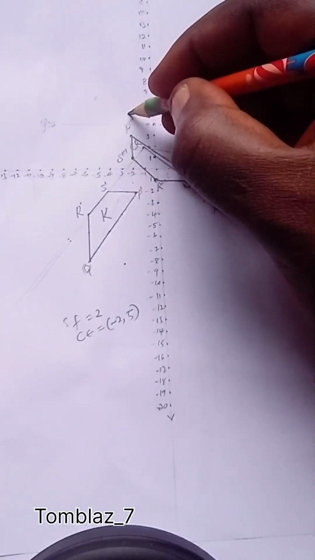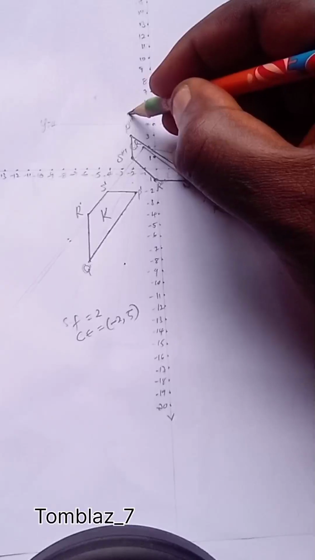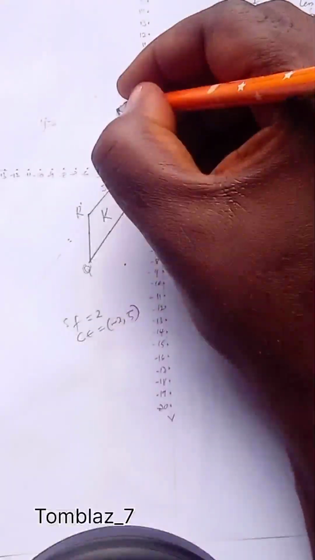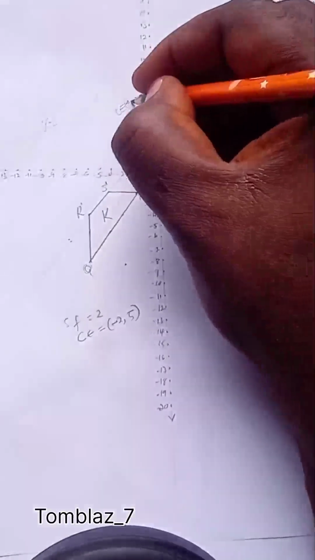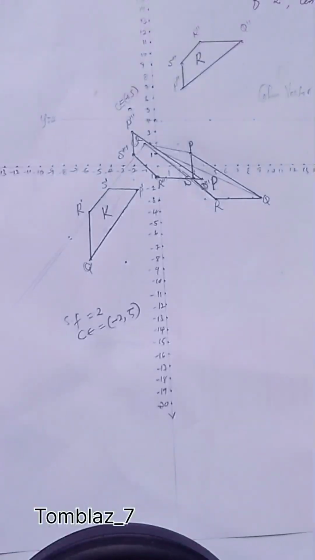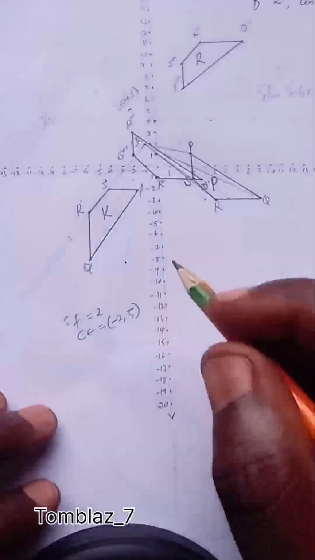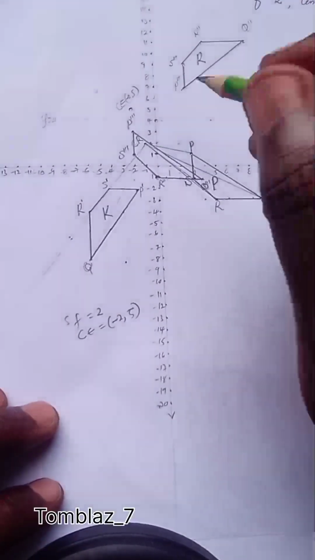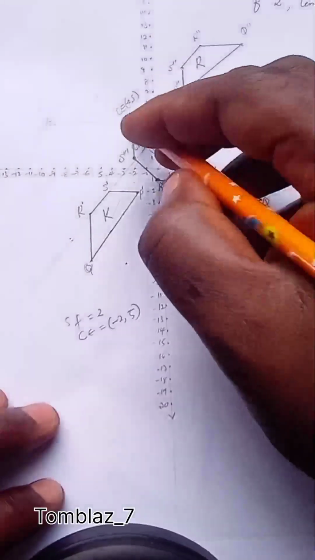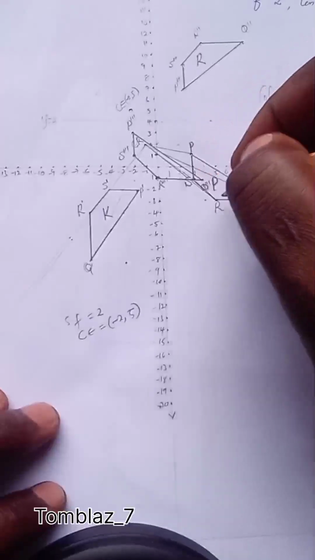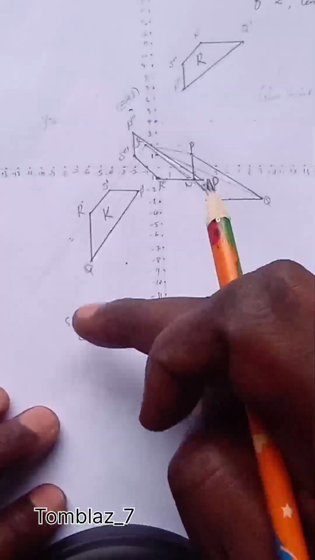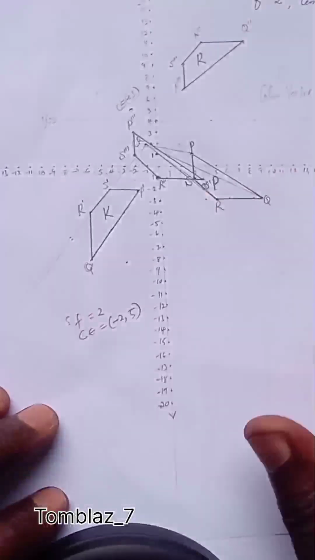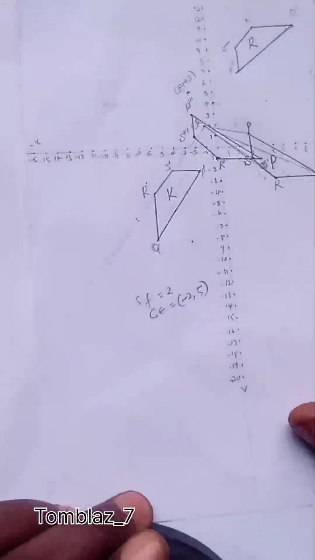So this is our center of enlargement, so we call it CE, right? And it has a coordinate minus 2, 5, right? Okay, so now how do you do this enlargement? We have to trace the distance from this center of enlargement to each of the points and multiply the value by 2, since the scale factor is 2, right? Okay, so let's start with P.